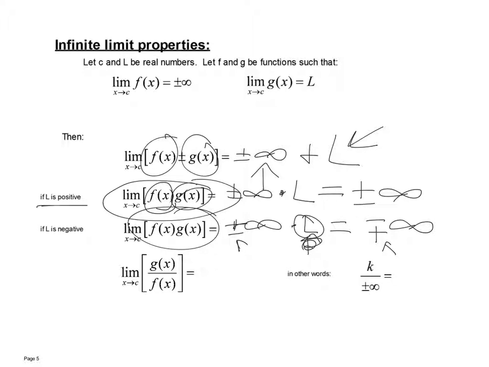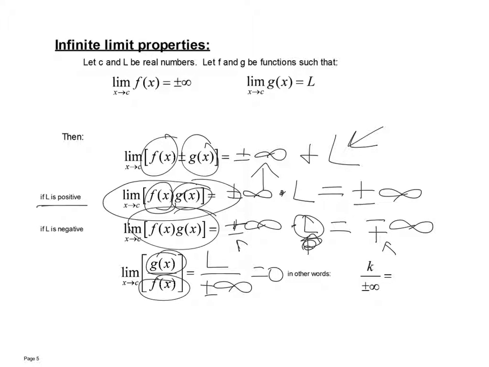The other deal we have here is that if f of x is going to some number, g of x is going to some infinity, this whole thing is going to be going to 0. Let's think about that for a second. So I've got a number, any number, pick a number, 10, 100, doesn't matter, and I divide by an enormously huge number.